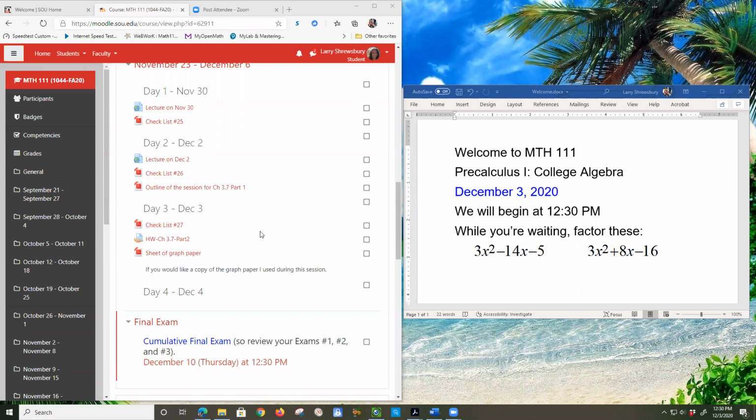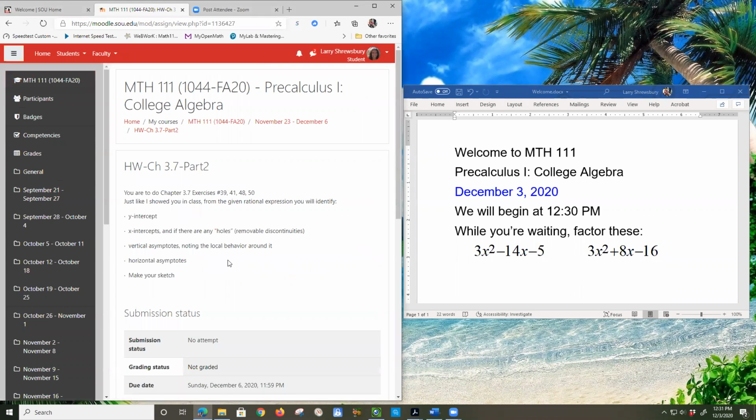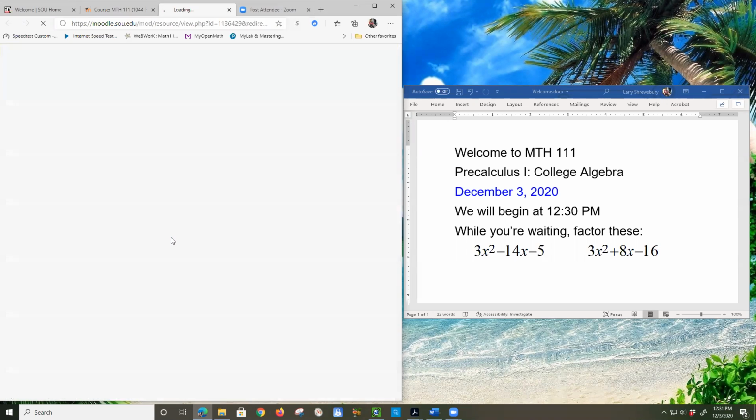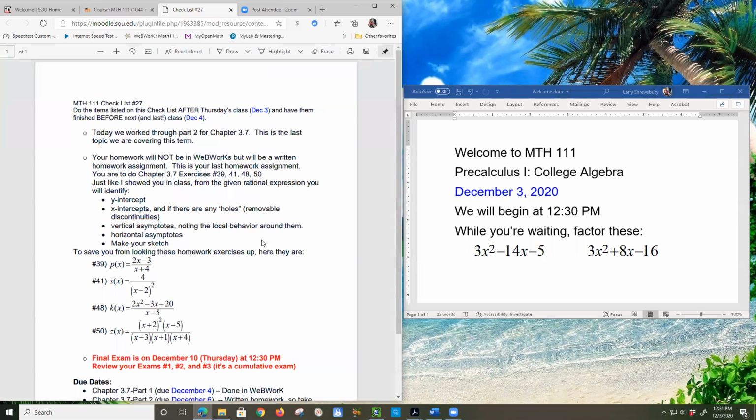Just so you know, your very last homework assignment is actually going to be a written one. In fact, here, let me just click on this one. It's just not very conducive to using web work. So I'm actually assigning these 4 problems from the textbook. Let's get back here. And you'll see that in today's checklist, open up today's checklist.